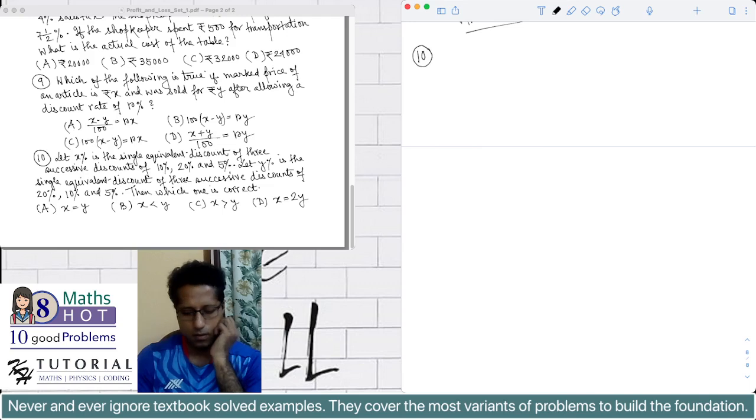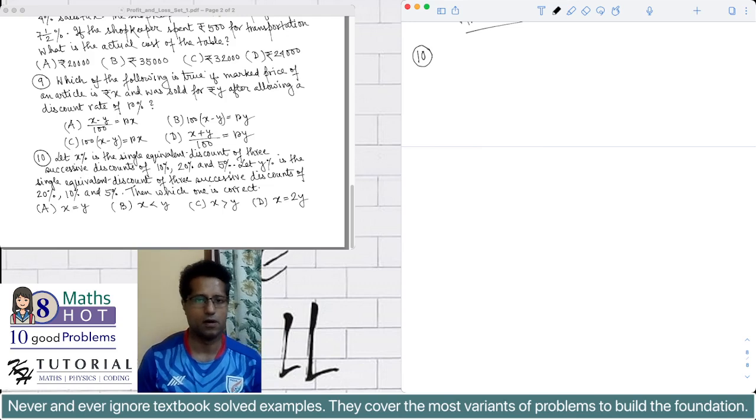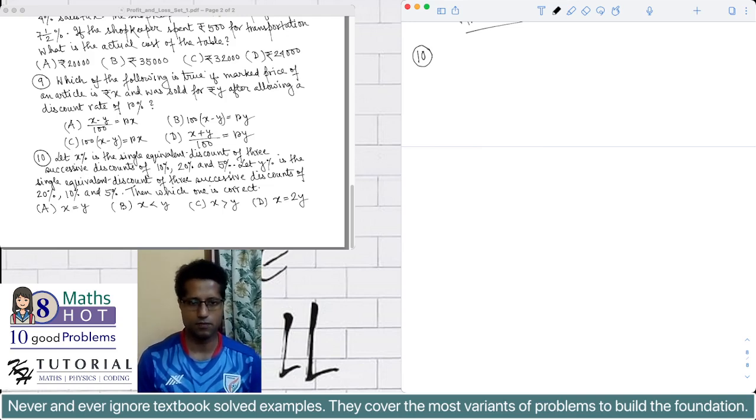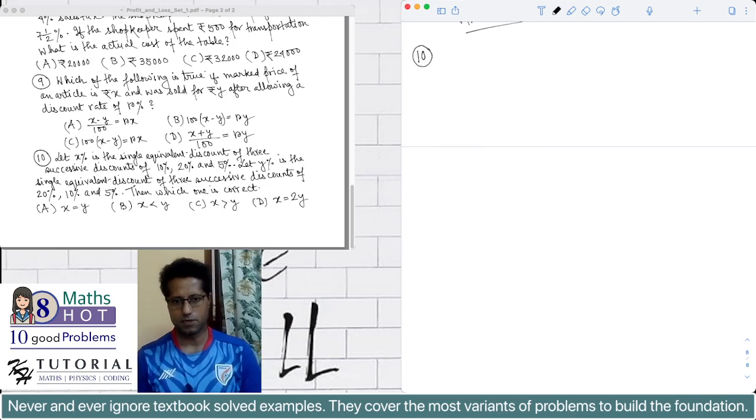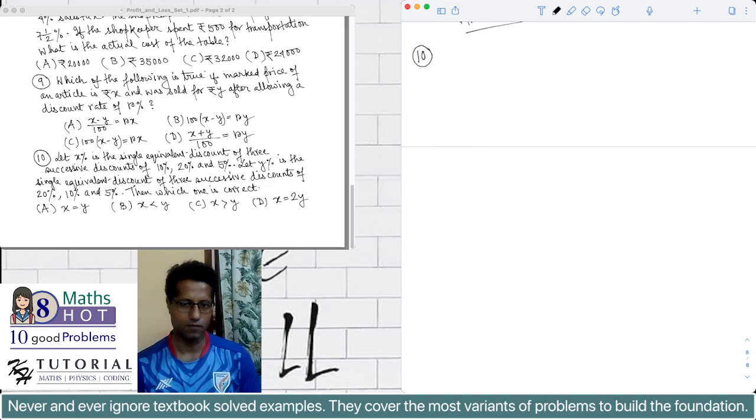Can we assume the mark price and find the final selling price based on these three successive discounts, with the mark price remaining the same for the two scenarios? The first is three successive discounts of 10%, followed by 20%, followed by 5%.